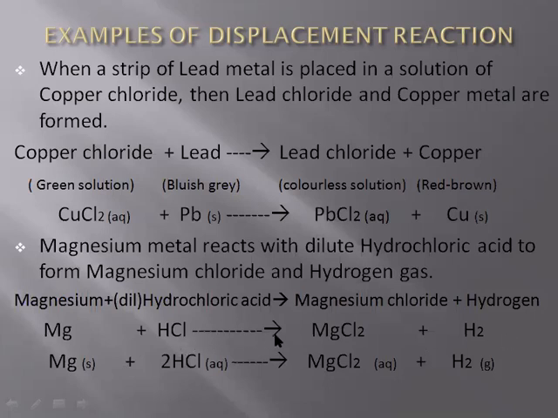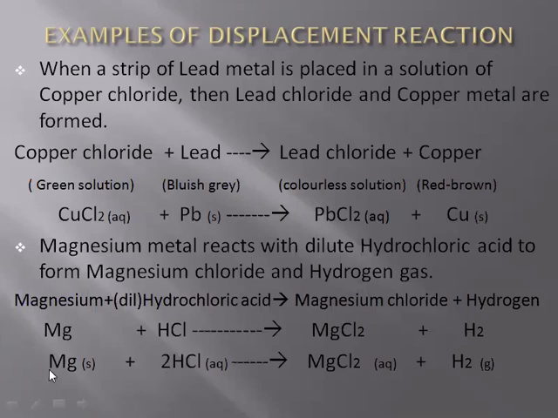Since chlorine atoms and hydrogen atoms are not balanced, we need to balance this skeletal or unbalanced equation to justify the law of conservation of mass. To balance the equation, we multiply HCl on the reactant side by 2 and write coefficient 2 here.